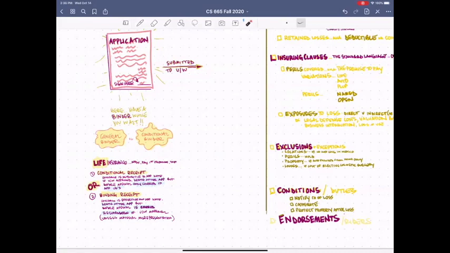Now, because everything's done online, you can find documentation almost anywhere. And you'll get in the habit, if you're not already, of documenting everything either via email or with a text. You're always looking for some kind of electronic documentation of a discussion, especially when there was a question of coverage or adding coverage. So that's the application and binder section.